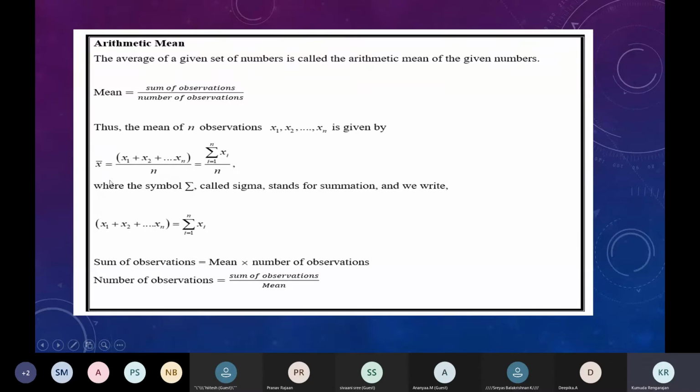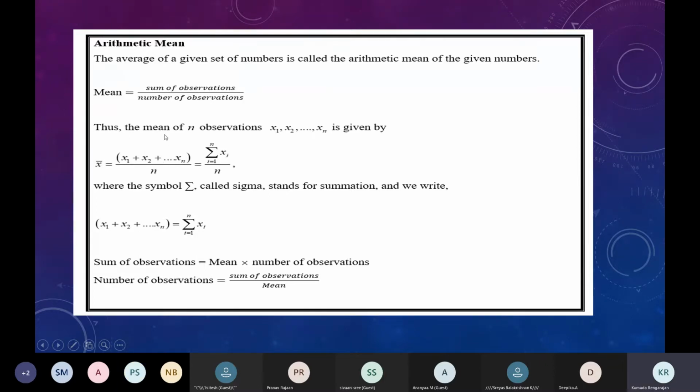So x bar or mean is equal to the sum of all the observations. You can see the numerator here: x1 plus x2 plus x3 plus x4 till xn, the sum of all the observations, divided by the number of observations, n. Is this okay till here? Yes, ma'am.